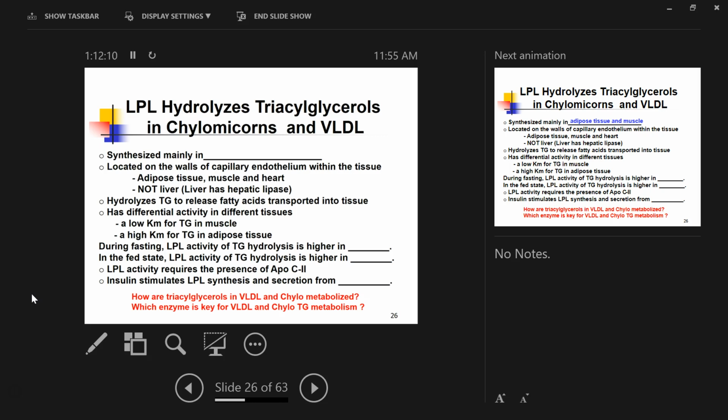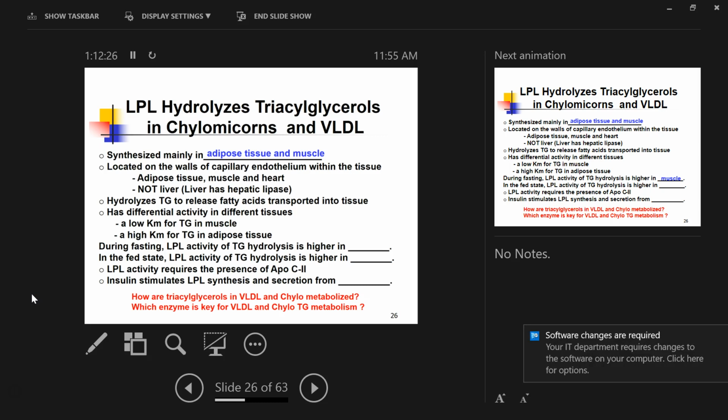Two tissues, right? Adipose tissue and muscle. And LPL is basically located on the wall of the capillary endothelium within the tissue, right? It is present in the circulation, but not in the large vessels, usually in the capillaries within the tissue.